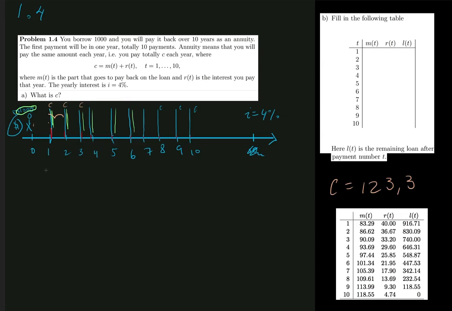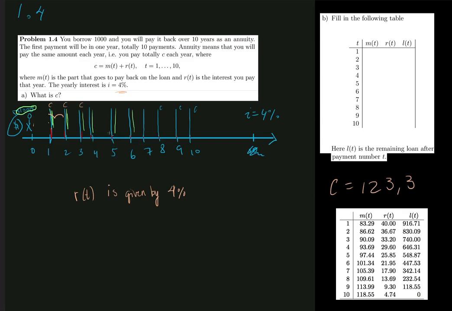So let's try to look at R of t first. R of t is given by, well, it's the interest that we take off the remaining loan. So it's given by 4%, because that's what they tell us in this exercise, 4% multiplied by the amount of the loan at your disposal during the year that has preceded t.